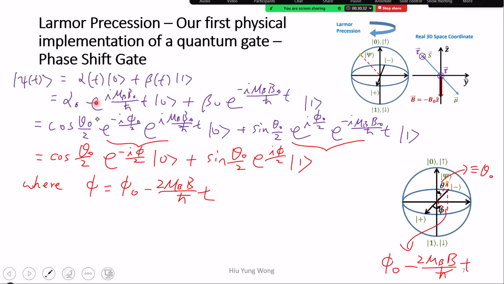However, if I try to express everything in polar coordinates, I realize that alpha and beta are changing, but they change in a way that theta 0 doesn't change, and phi is changing at a constant rate because this is linear in t. So now I understand that when it is under an external magnetic field, it will precess. This is called Larmor precession about the z-axis.